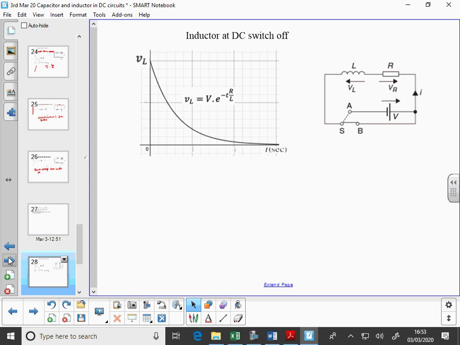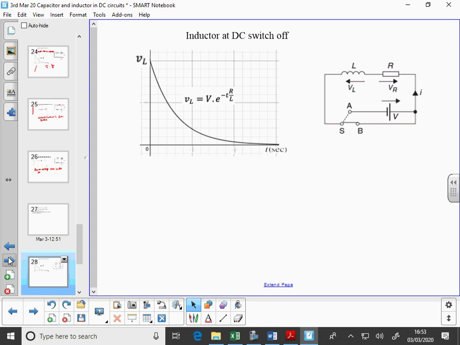When we switch it off, so we go from position A to position B, disconnect the battery and connect these 2 components in series, the current is going to try and fall immediately from steady state 1 amp to 0 very quickly.